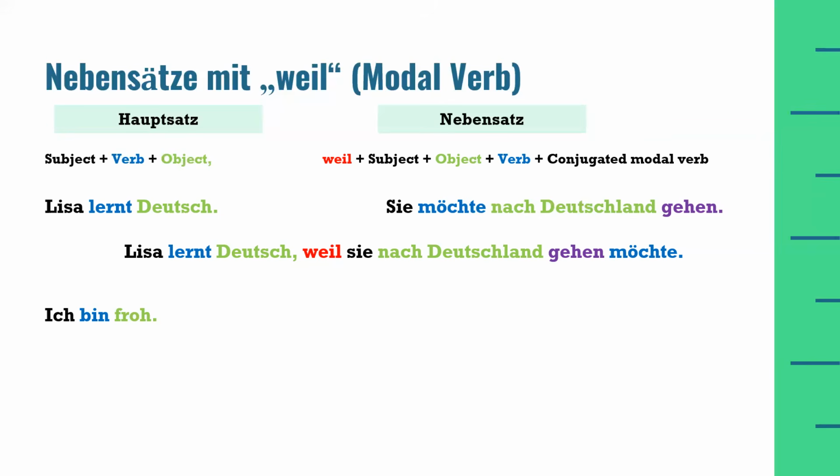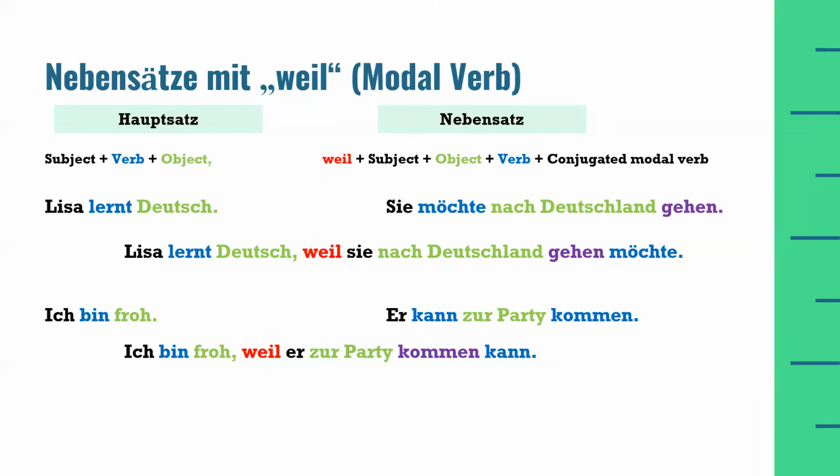So the next example is: Ich bin froh. Er kann zur Party kommen. I am happy. He can come to the party. I am happy because my friend is coming to the party. So let's have a look, if we want to combine these two sentences with the help of the conjunction weil, how will it look?